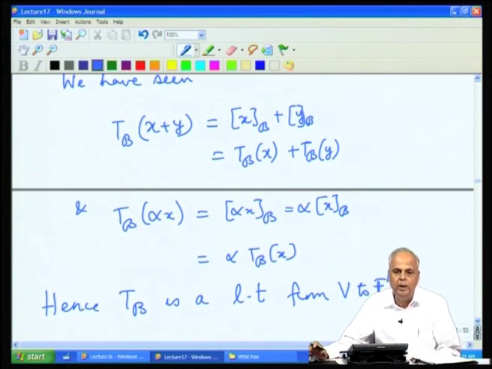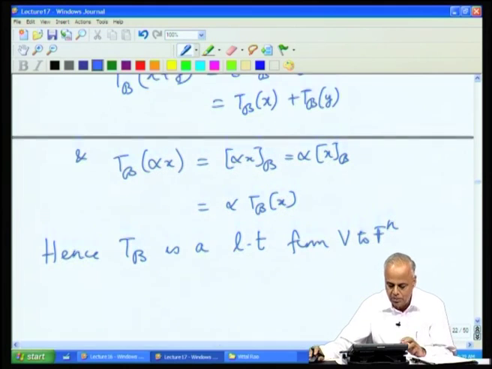So, thus every ordered basis on an n-dimensional vector space produces a linear transformation from that vector space to F n.